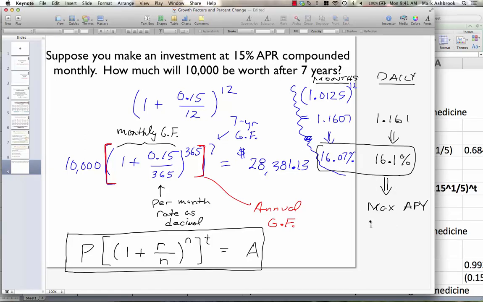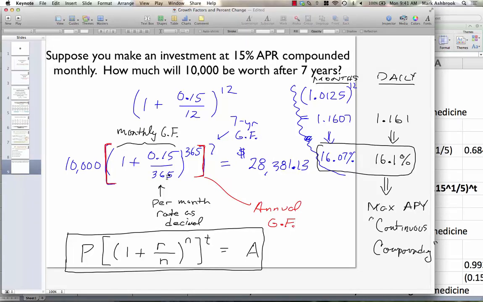So the max comes from what we call continuous compounding, meaning every single moment we do a little compounding. So it would be kind of like taking 0.015 and dividing it by what?